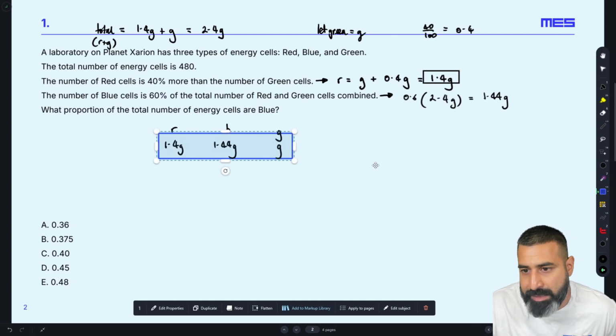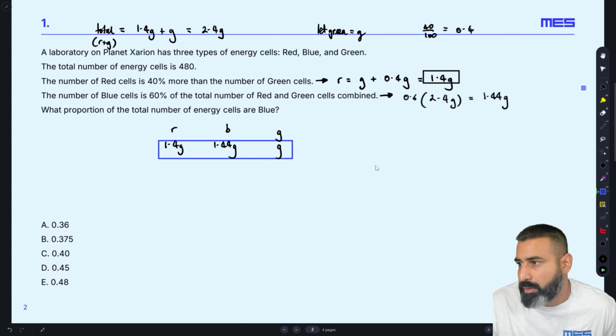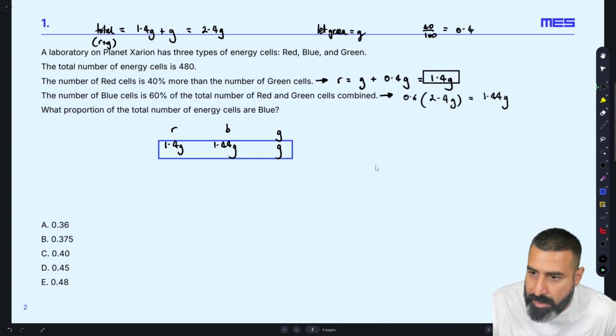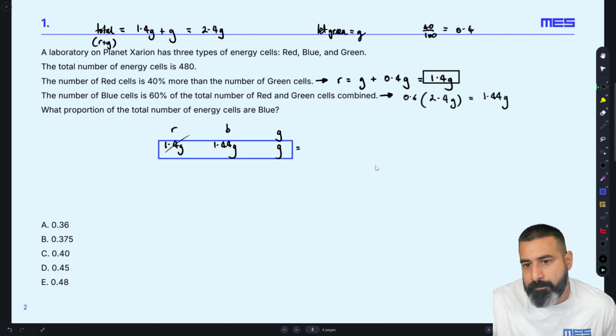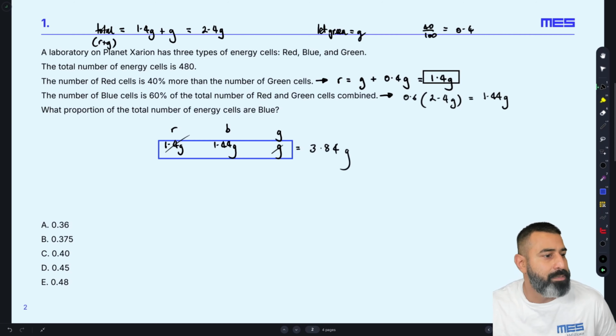So if we add all these up and equate it to the total, then we should be in business. So if we start breaking this down a bit, 1.4 plus 1 is 2.4, and 2.4 plus 1 is 3.4, and then I need to add on the 0.44, so that should be 3.84G, he says.